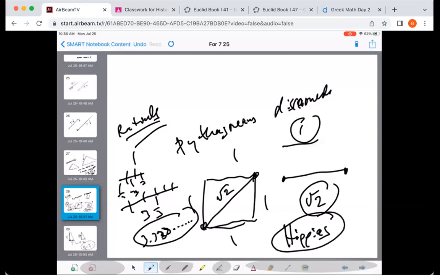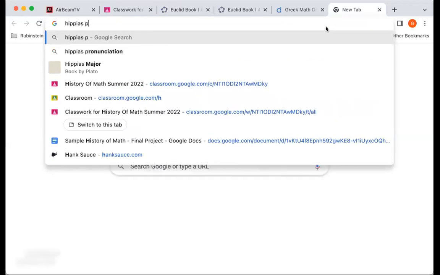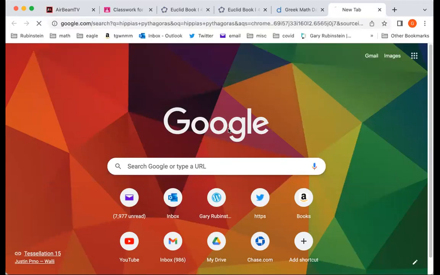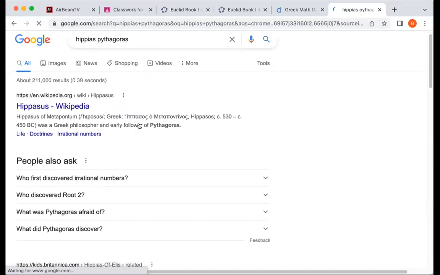And he told people, and he was potentially killed for revealing this secret, thrown off of a boat. Hippasus, a Pythagorean, was killed for giving out the top secret math. I think that's what they say.